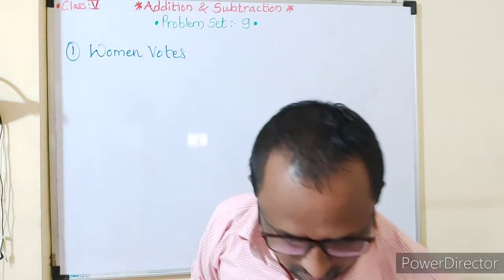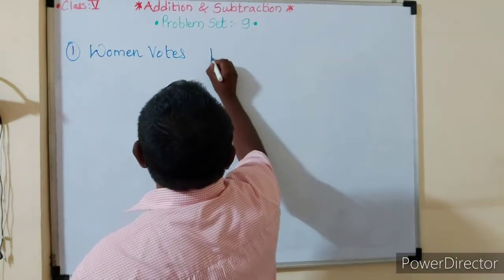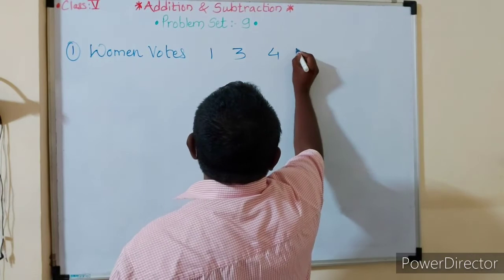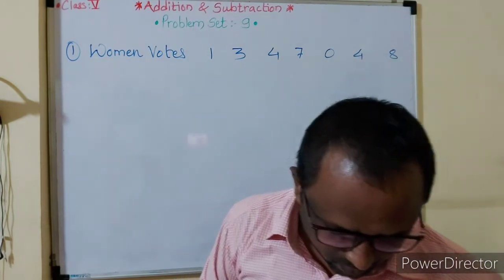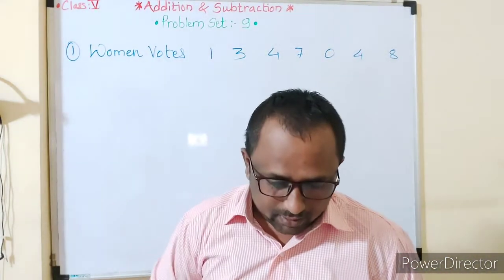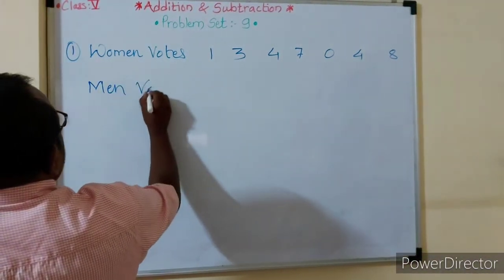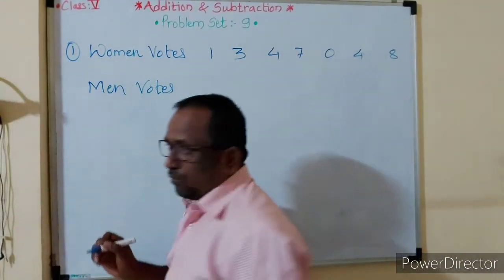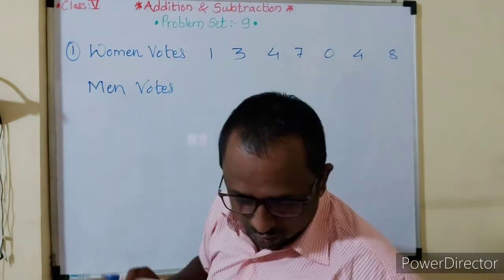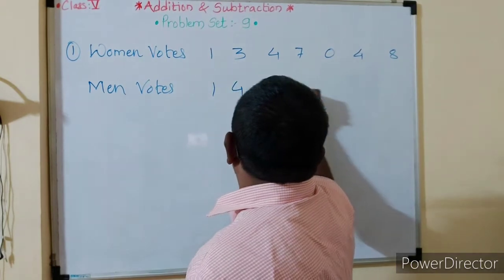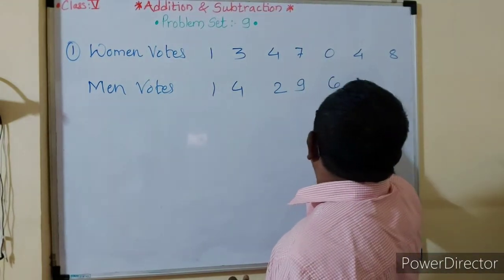Women votes: the number is 13,47,048. And men votes: the number is 14,29,638.